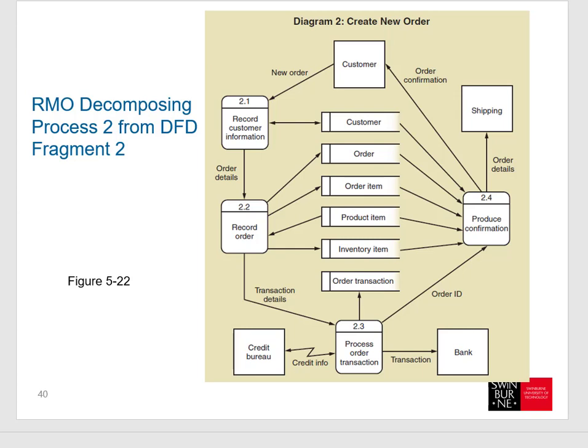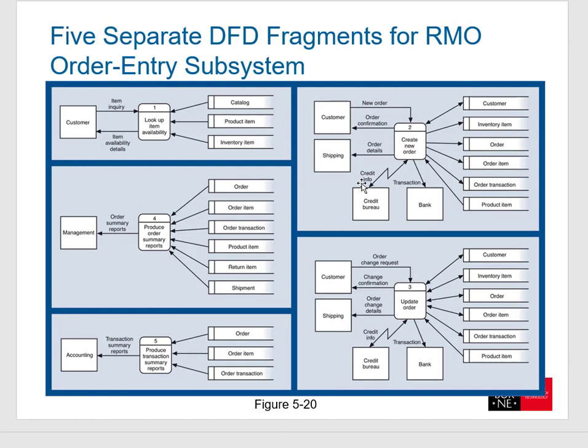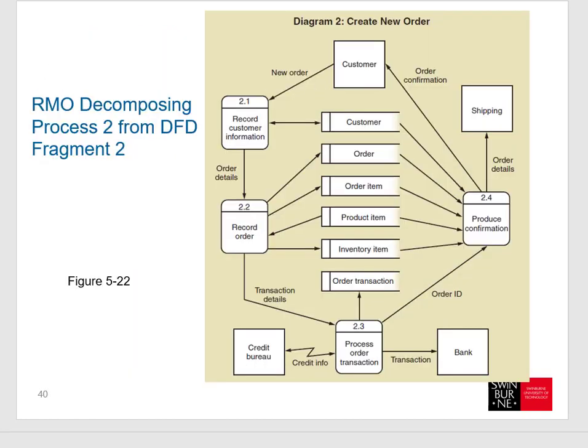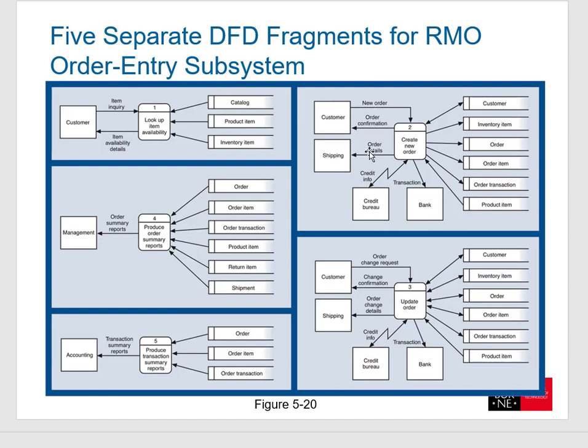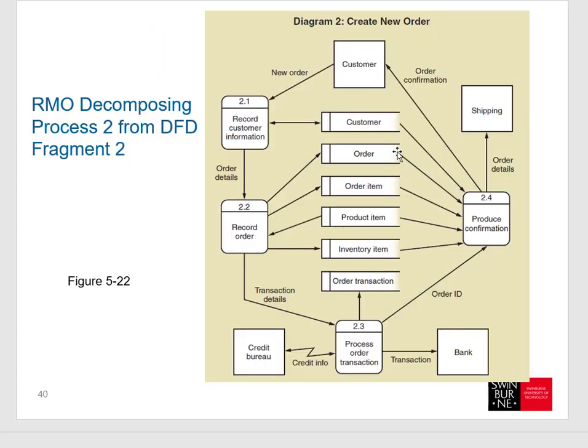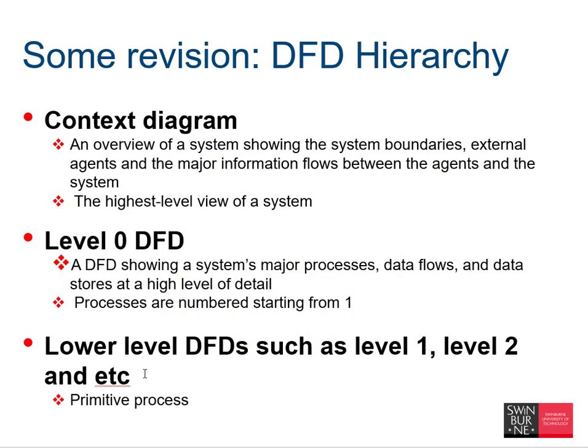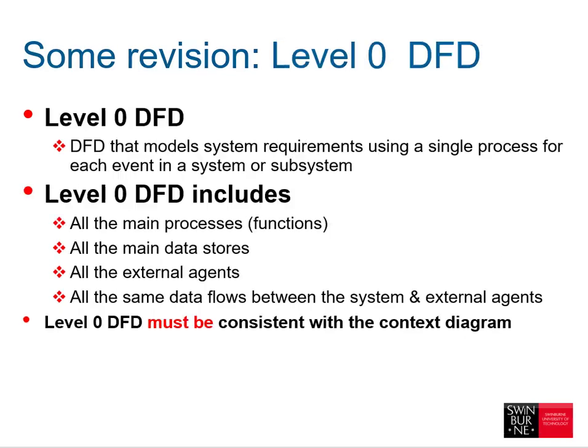So this DFD fragment must comply with this: all the inputs and outputs, the data stores or entities, and the external agents must be represented as is in this diagram, in a little bit more detail. That is what we learned last week, right?